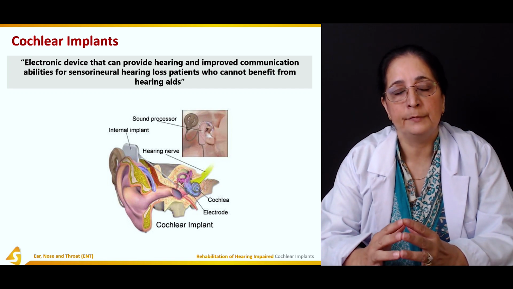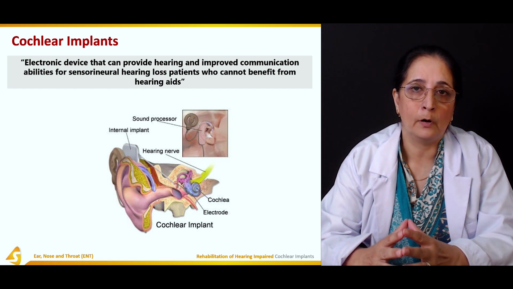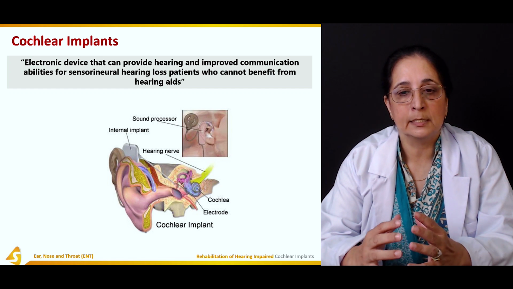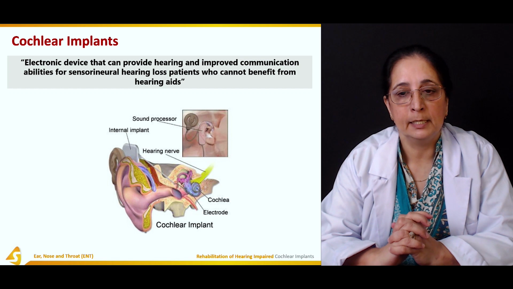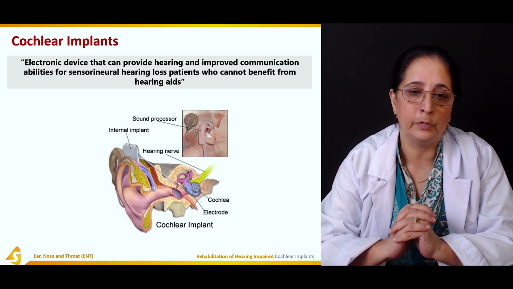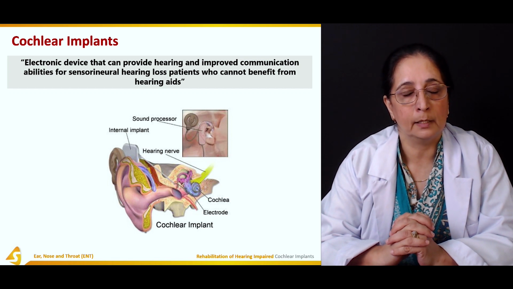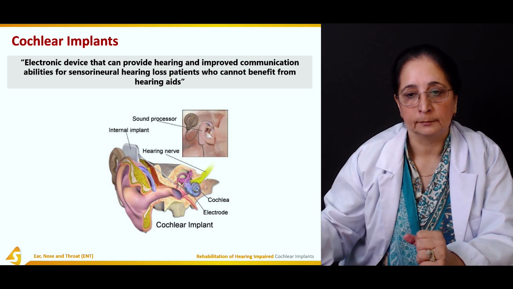People who have sensory neural hearing loss can benefit from the cochlear implants because it's an electronic device that can provide hearing and improve communication abilities. So it is an important type of rehabilitation for hearing impaired individuals.